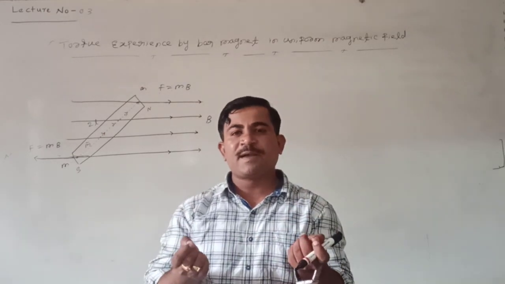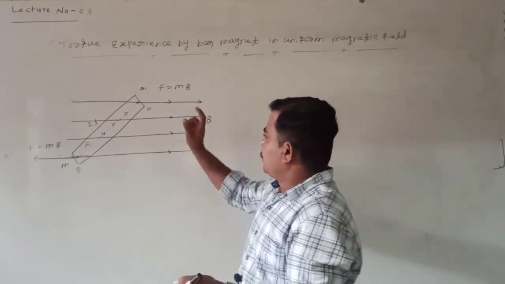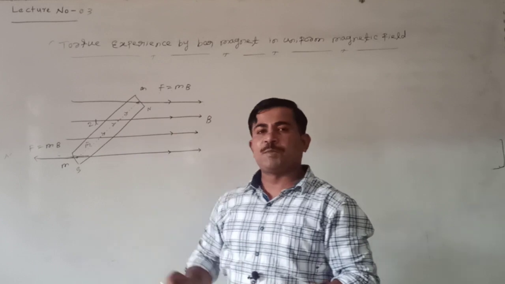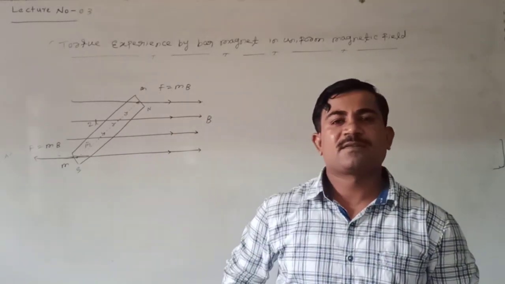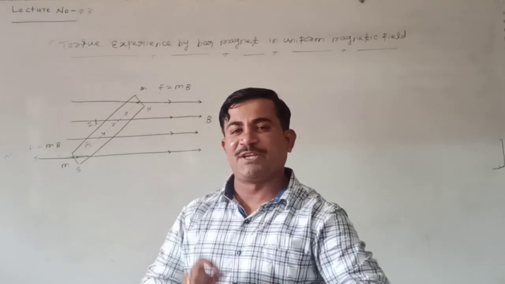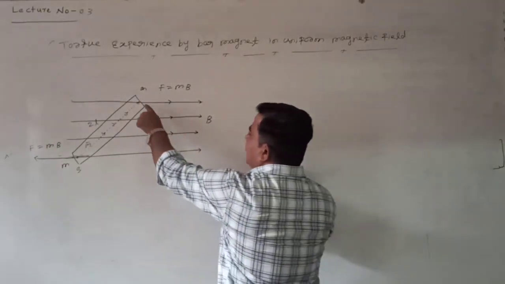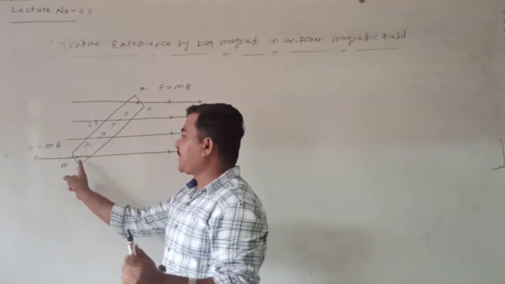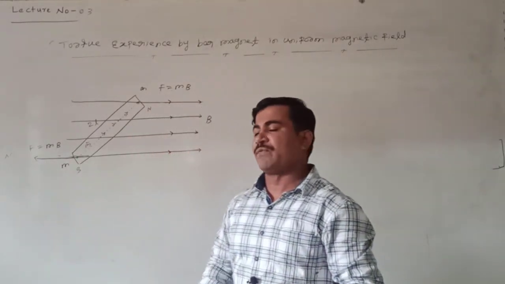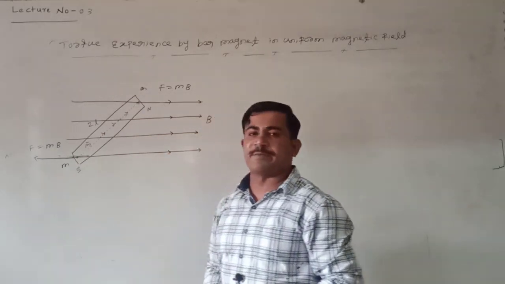So in the presence of the magnetic field, the north pole and south pole experience equal and opposite forces. The north pole experiences this force along the direction of the magnetic field, and the south pole experiences a force opposite to the direction of the magnetic field. Here equal and opposite forces are there.